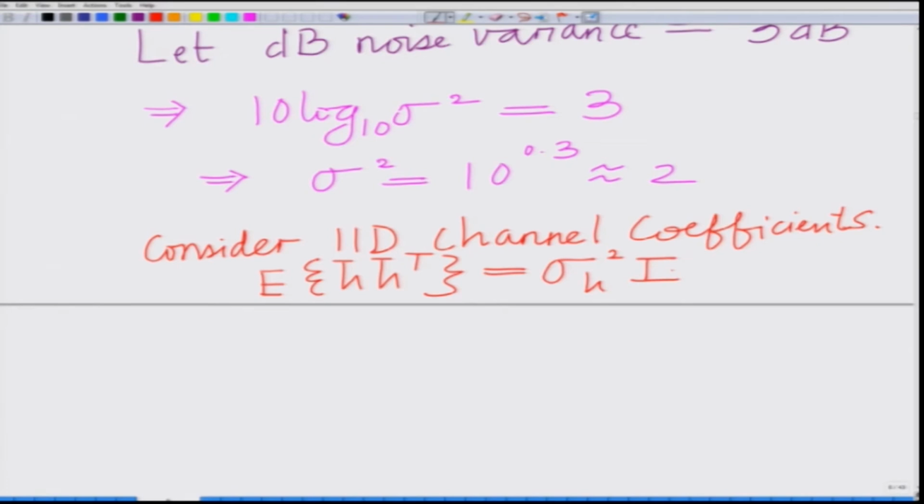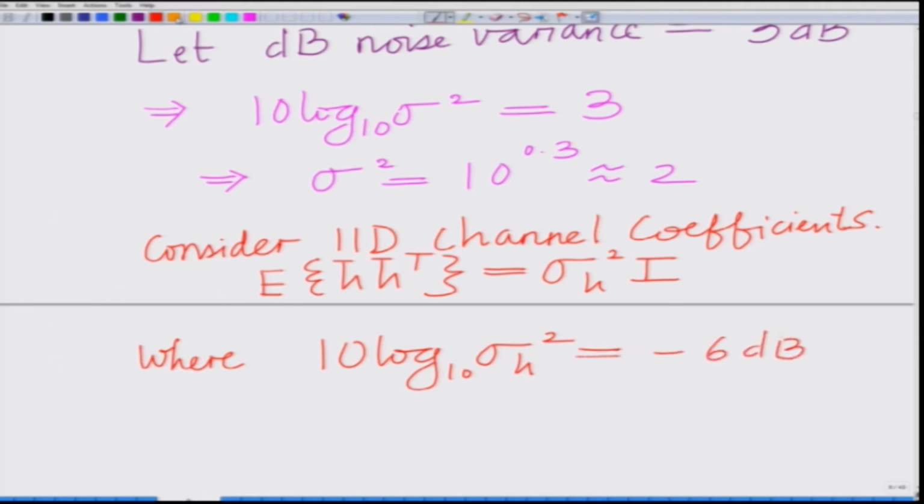So expected value of h bar h bar transpose is equal to sigma h square I, where sigma h square in dB, that is the average channel variance or the average channel gain in dB, equals minus 6 dB.